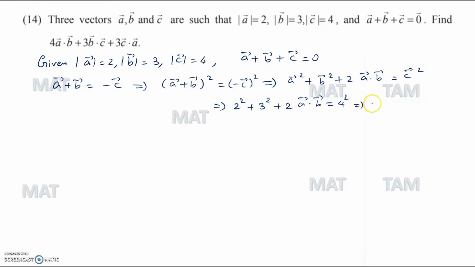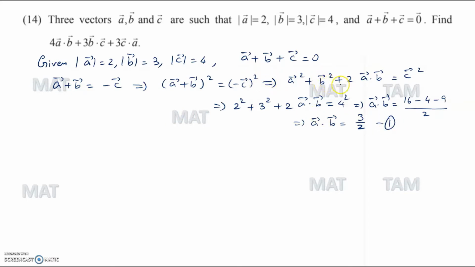Further, we can rewrite this as A dot product with B is equal to 16 minus 4 minus 9 divided by 2. So our A dot product with B is equal to 16 minus 13, so it is 3 by 2. So this is our first result.